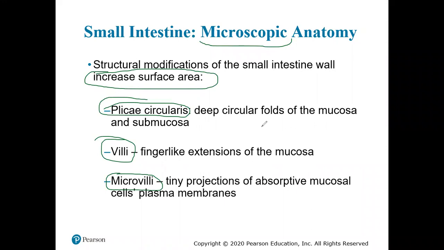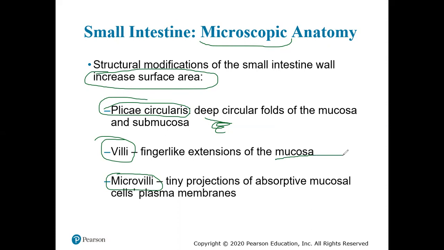And so they don't distend with the food and become flattened like the rugae do. These are going to be permanent folds. It's due to the arrangement of the mucosa and the submucosa in the small intestine. And this is going to create a slowing of food movement so that there is an increase in absorption time. The villi are finger-like extensions of the mucosal layer.